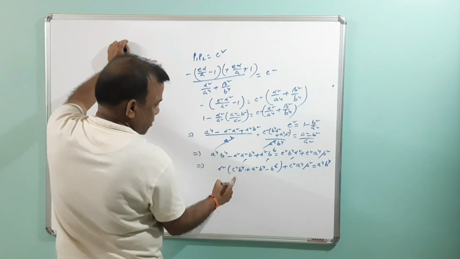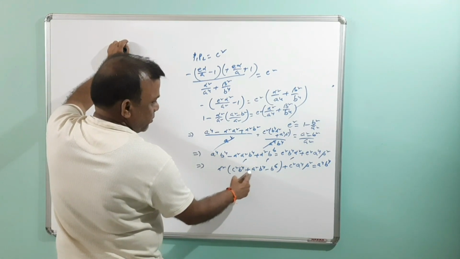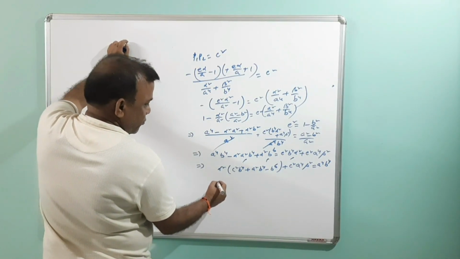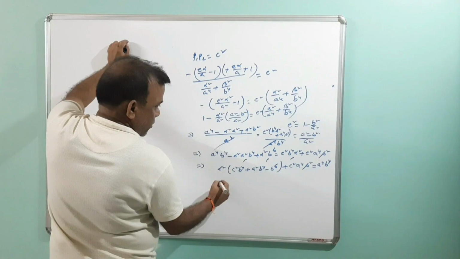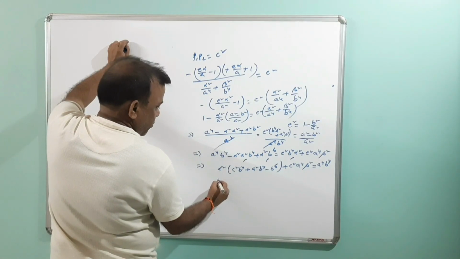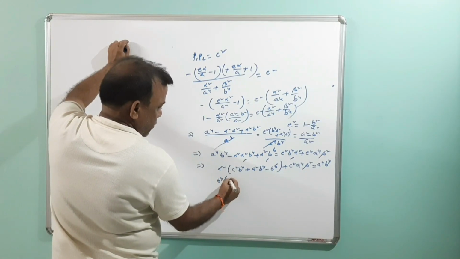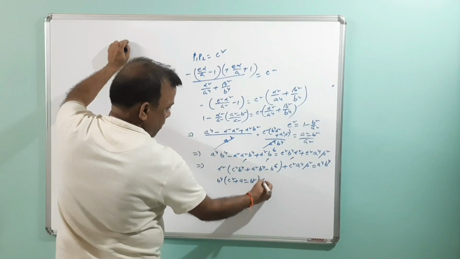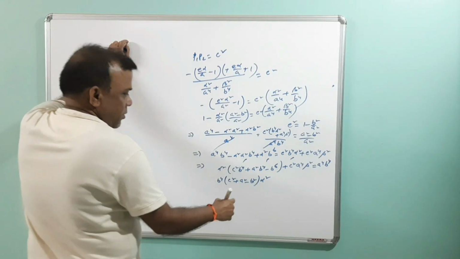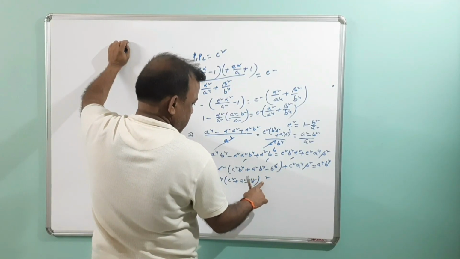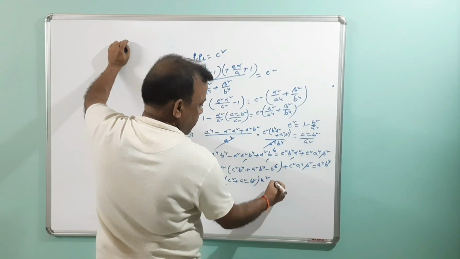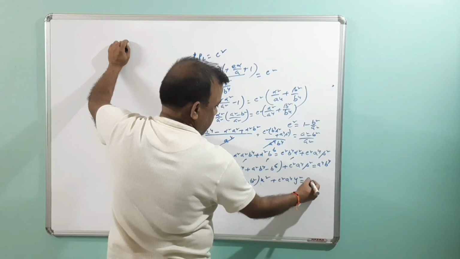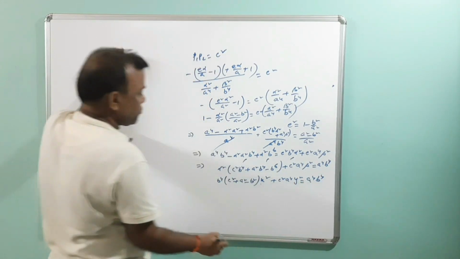Therefore, locus, taking b to the power 4 as common, b to the power 4 times c square plus a square minus b square alpha square, plus c square a to the power 4 beta square equals a to the power 4 b to the power 4.